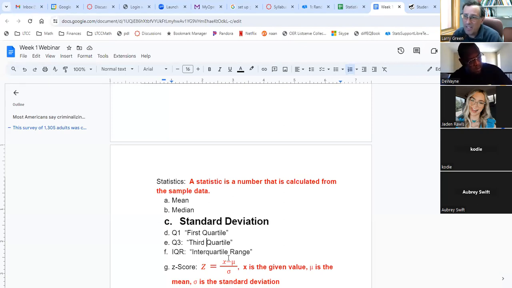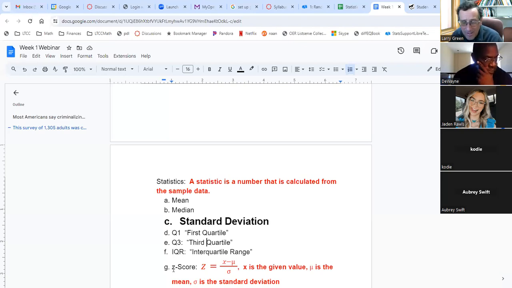In business or in teaching, you've probably heard that you should teach to the middle 50% of the class. That means you're teaching to the interquartile range. Or in business, if you want to advertise to that middle 50%, that's the interquartile range. Any questions on that idea?